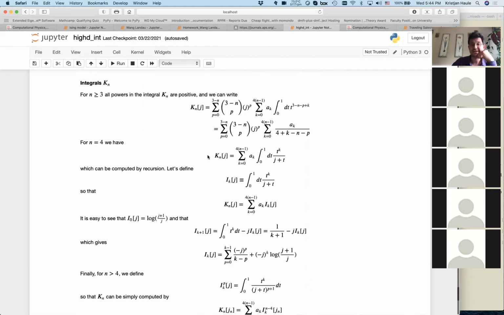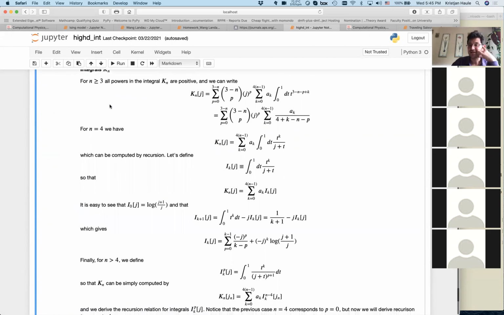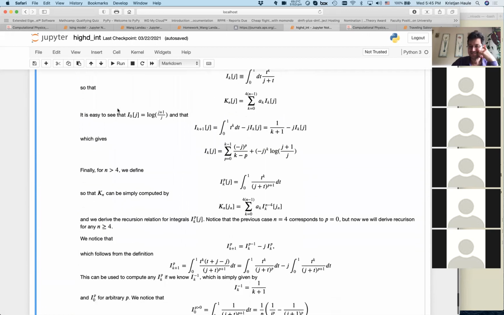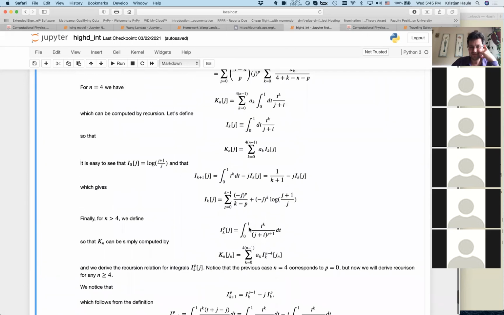You will recognize that in these integrals, we need to do integrations of a function kn, which is suspiciously related to one of your homeworks. It turns out we need to do an integral such as that, and this should remind you of one of your homeworks. So it has to do with the recursion homework.